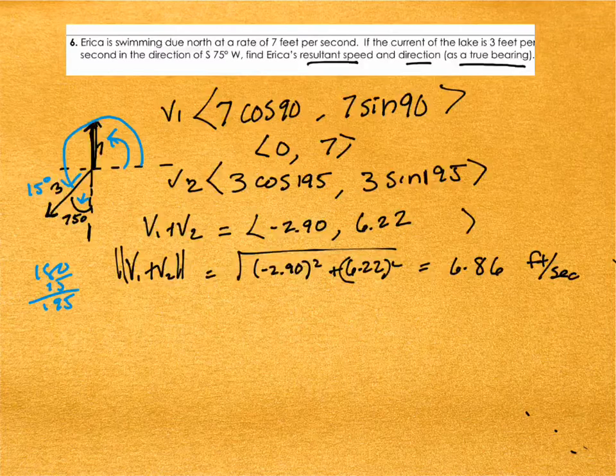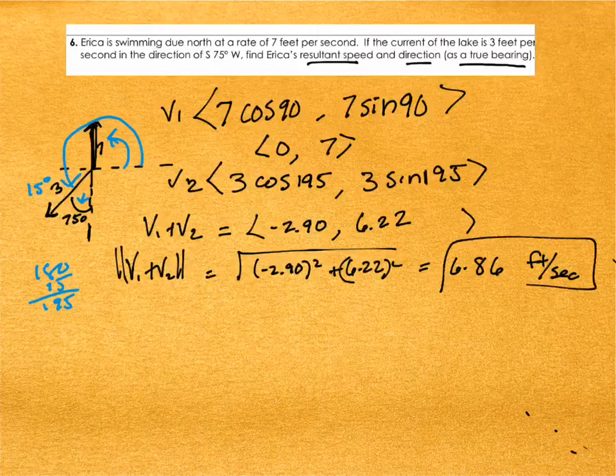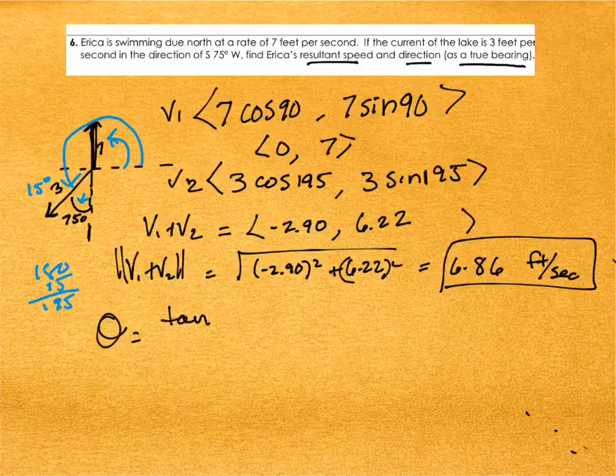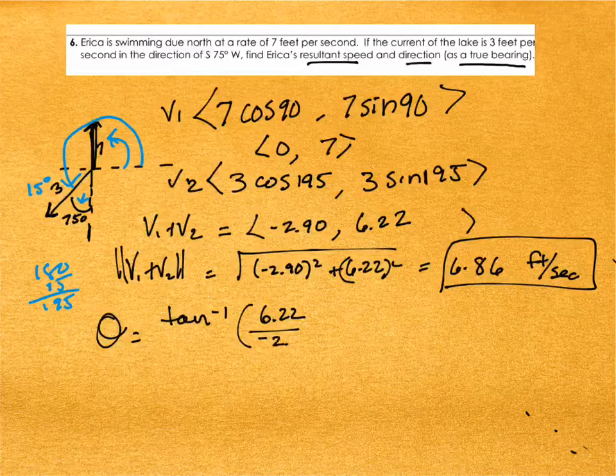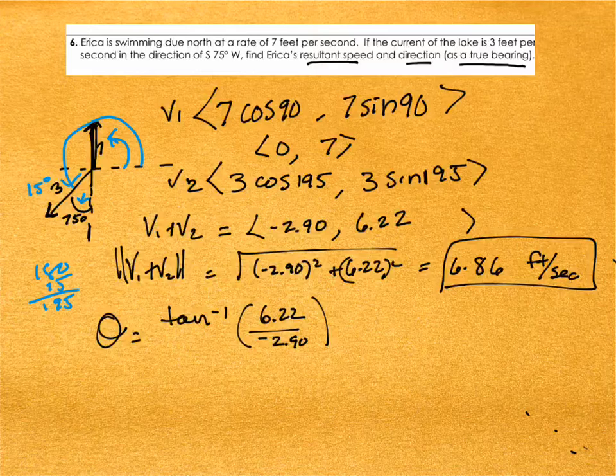All right, so that was the resultant speed, and direction is tangent inverse of 6.22 over negative 2.90. Second quadrant, so we'll worry about that in a second. Inverse tangent of 6.22 divided by negative 2.9, I got negative 65.